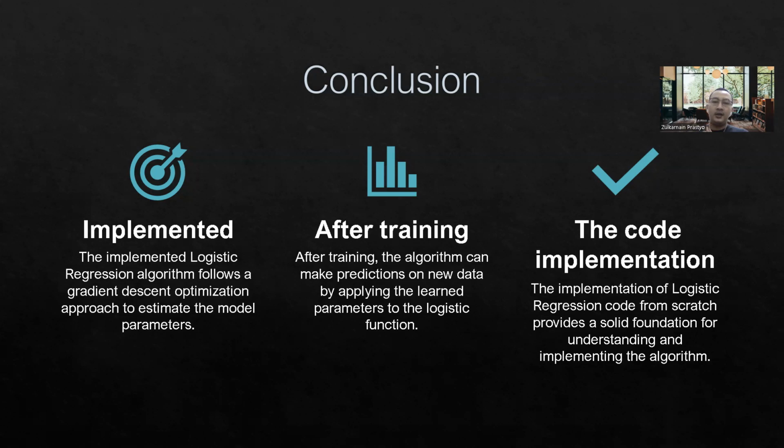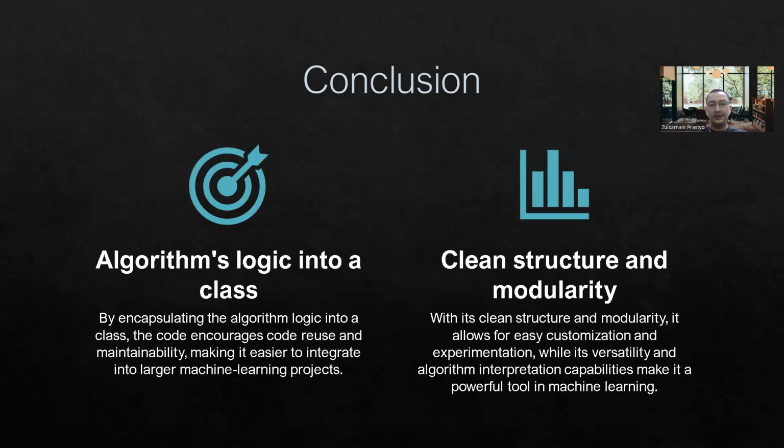The third is the code implementation: the logistic regression code from scratch provides a solid foundation for understanding and implementing the algorithm. The next is encapsulating the algorithm logic in a class. This encourages code reuse and maintainability, making it easier to integrate into larger machine learning projects.